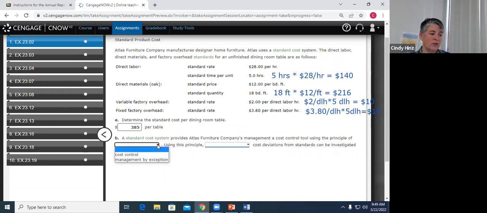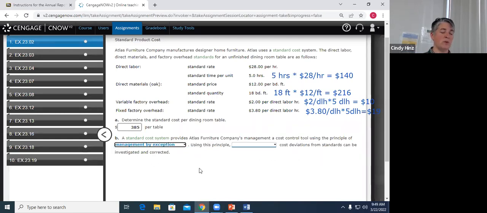Let's answer our questions here. A standard cost system provides Atlas Furniture Company's management a cost control tool using the principle of management by exception. I used that term as we were doing the introduction. Using this principle, major cost deviations from standards can be investigated and corrected. We have the standard of $385 per table. Maybe if the overall cost comes in at $386, they say, you know what, that's close enough.